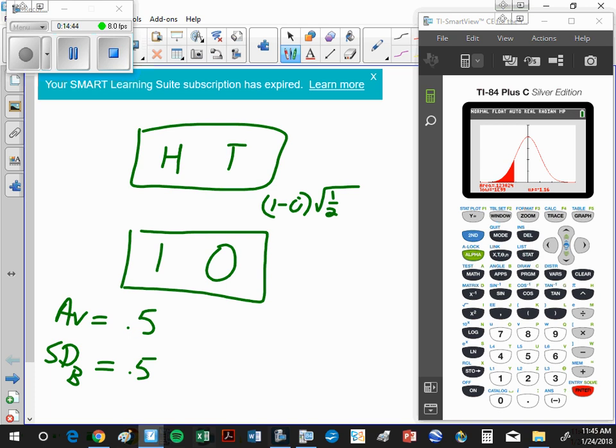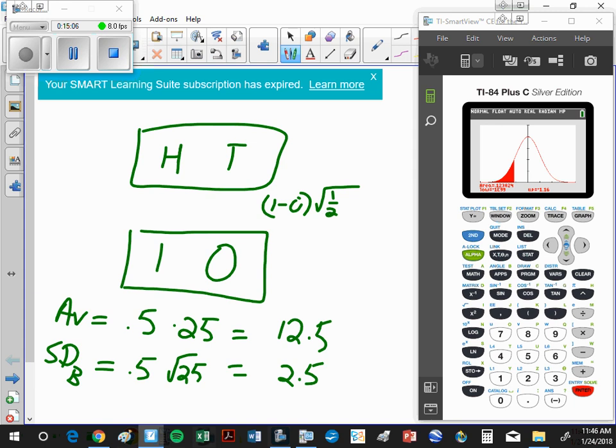Okay. So my expected value in 25 draws is going to be 12.5, right? My SE in 25 draws is going to be 2.5, right?